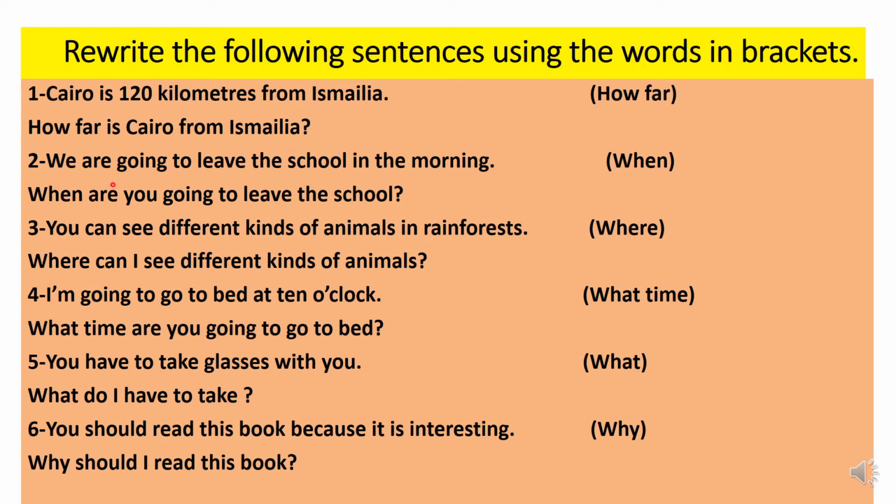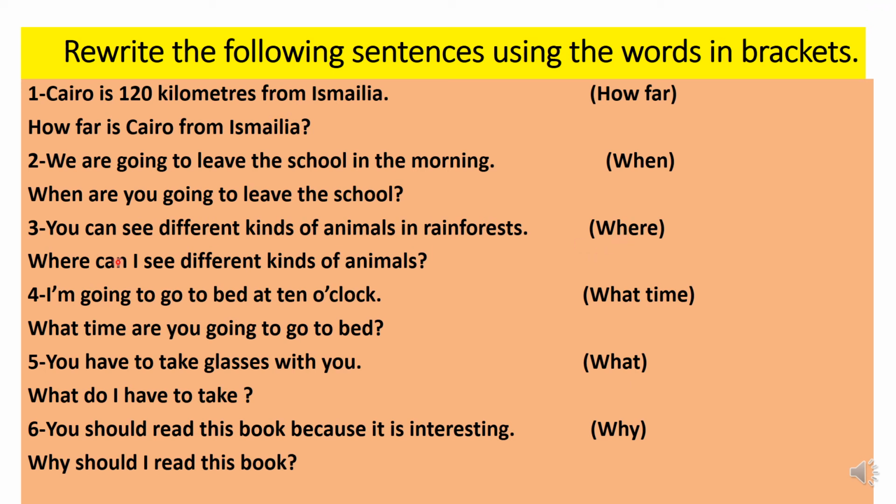Number 2. We are going to leave the school in the morning. Make a question with when. We have the helping verb, we will use it. When are you going to leave the school? Number 3. You can see different kinds of animals in rainforests.